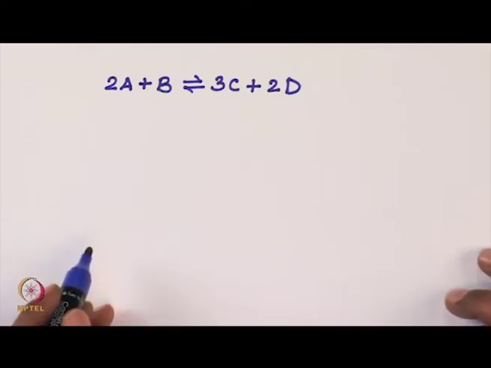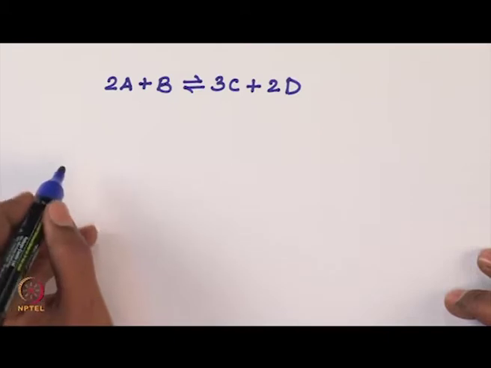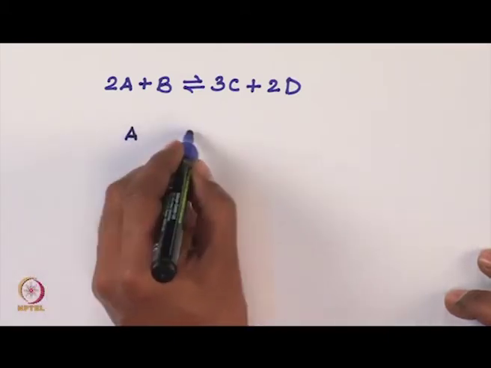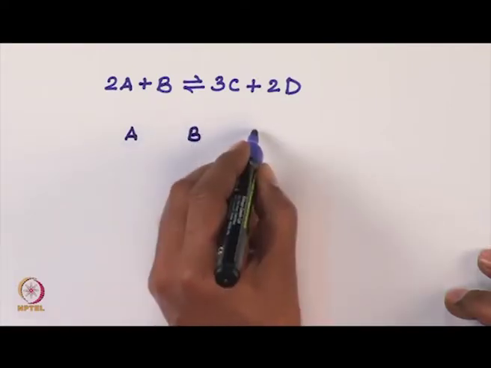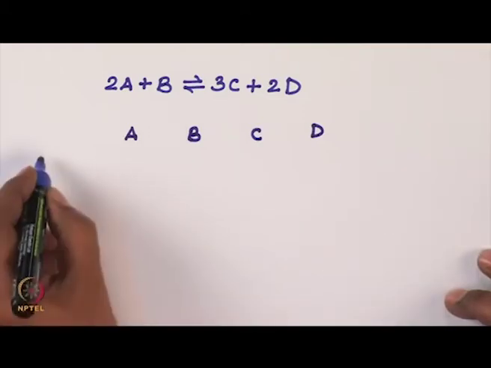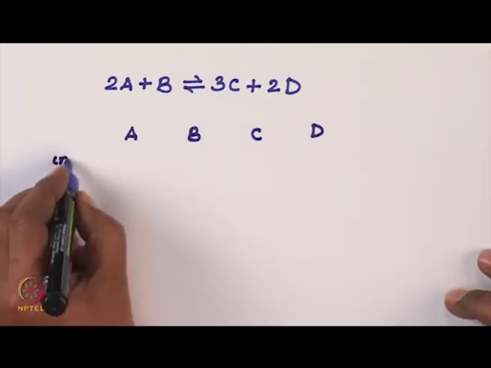So what we will do is, we will list A, B, C and D, and the initial amounts.